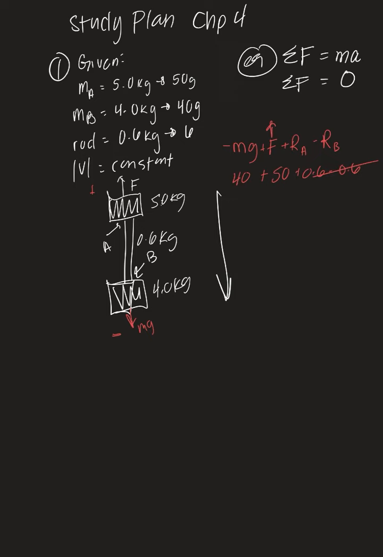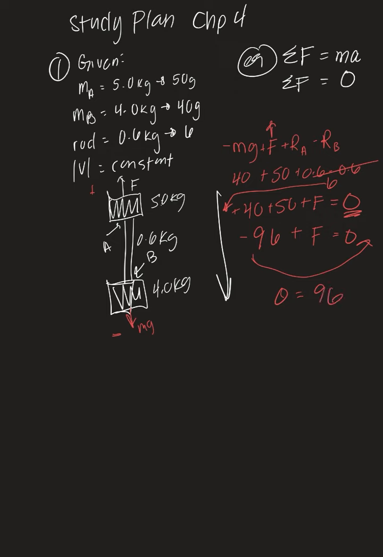We take the 40 plus 50 plus the force equals 0. Now that would be 6. Bring that right there. So that would be 96 plus F equals 0. So what we usually do is put it on that side. So 0 equals 96.